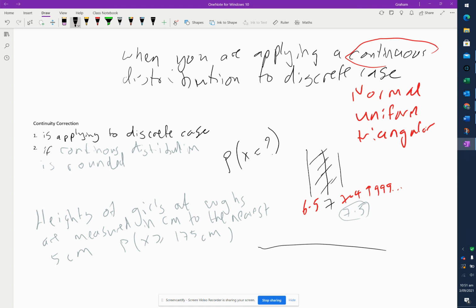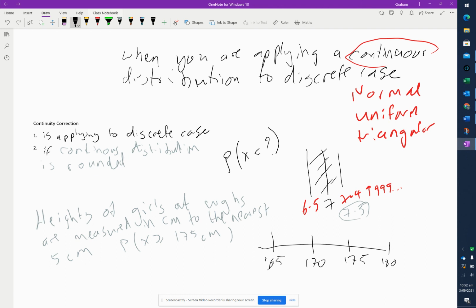If they're rounded to the nearest 5 centimeters, I could have a 165, a 170, a 175, and a 180, because those are the only numbers that I could have when I've rounded to the nearest 5 centimeters.